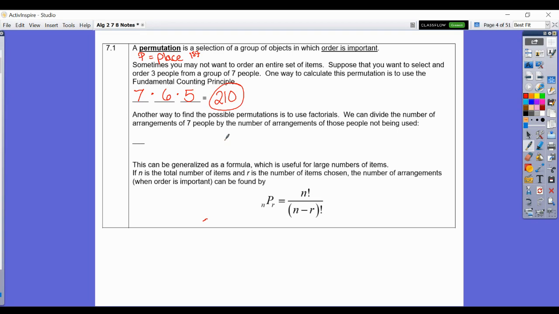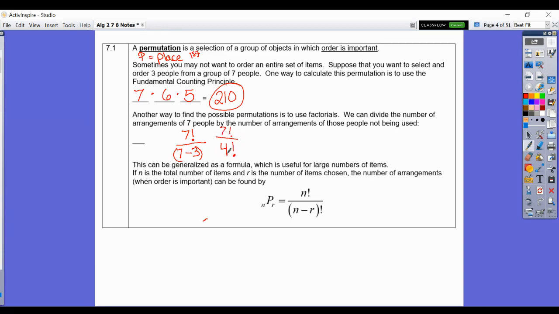Another way is something called permutations instead of the fundamental counting principle. And the permutation uses factorials. You take the number of arrangements of 7 people, factorial, and you divide it by the number of people not being used. So since we had 7 people and we are going to keep 3 of them, there are 4 people not being used.